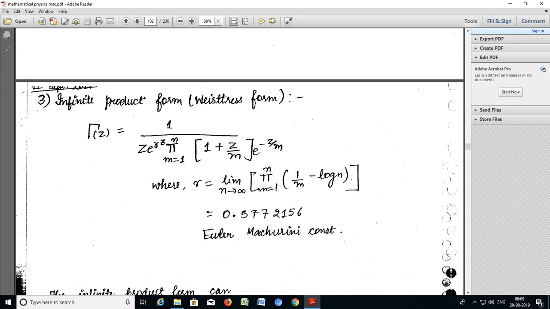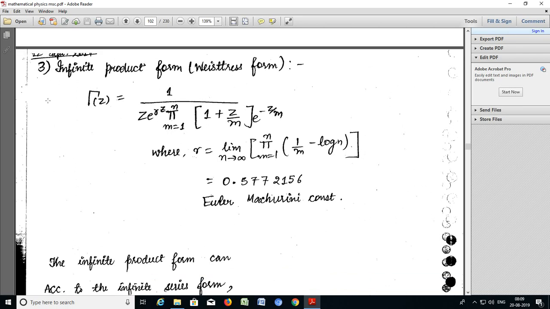Now these are some of the properties which we have used for gamma function. Now let us take another case. This is the infinite product form, which is called Weierstrass form.